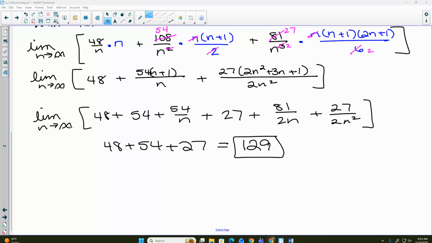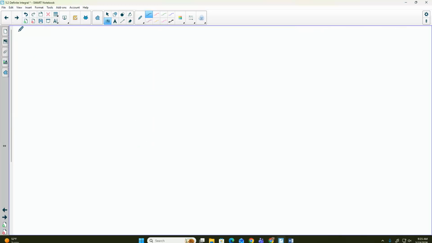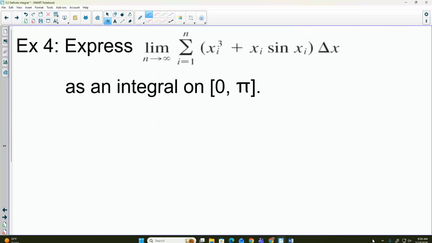All right, you guys do the next example. So integral, what number goes on the bottom? 0. And on the top? Okay. What do I do about this?